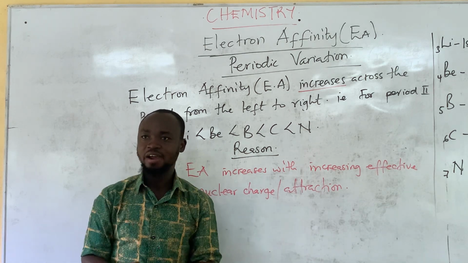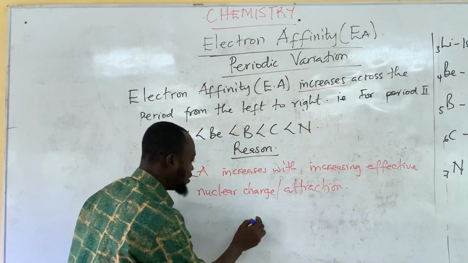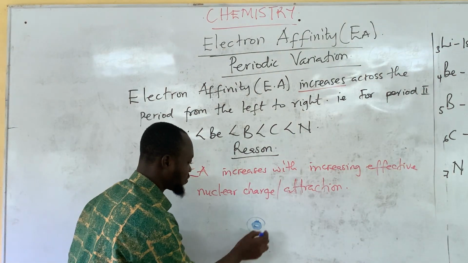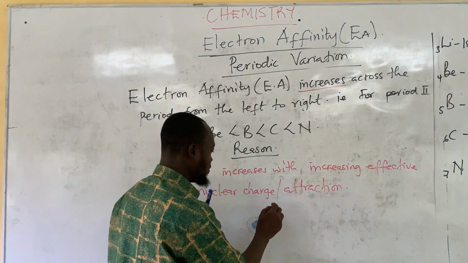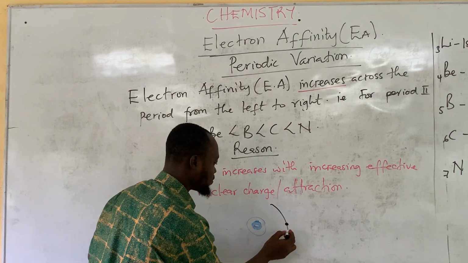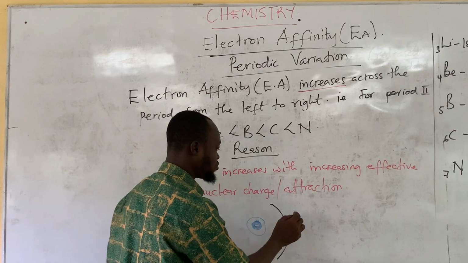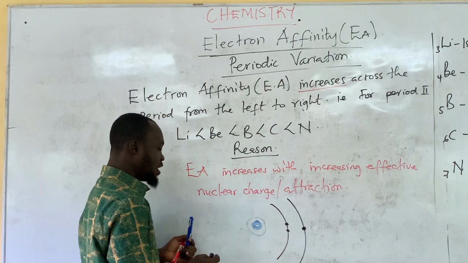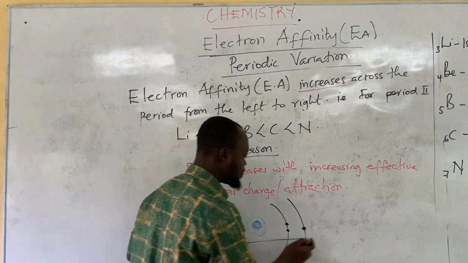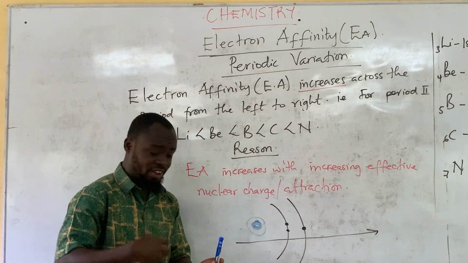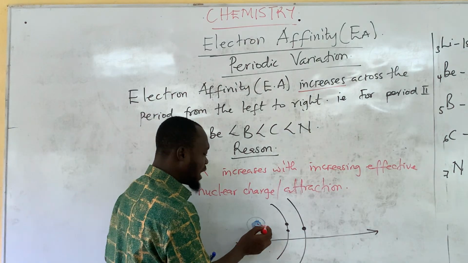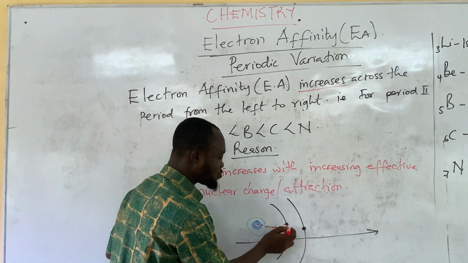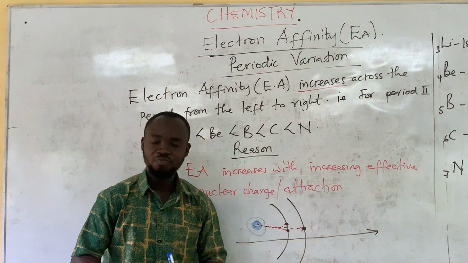Let's take a simple diagram as a scenario. I have my protons in the nucleus. Then I have my inner shell electrons, and then I have my valence electron. If the proton attraction across the period is increasing, it means that the attraction for this electron and this electron is very high, and also the attraction for this electron is very high.